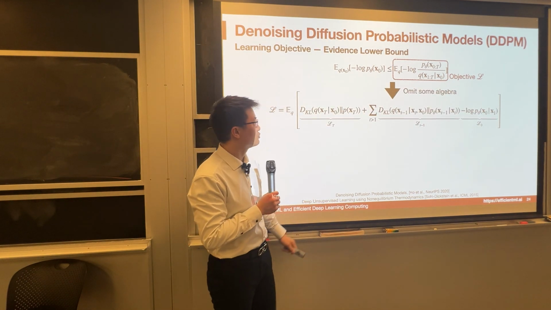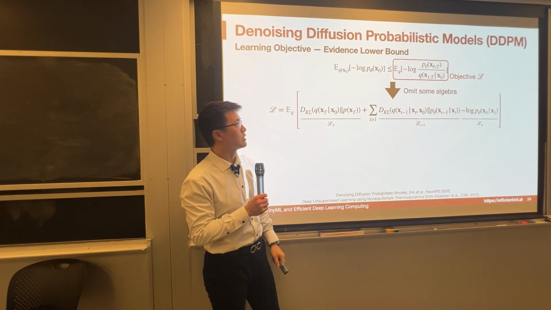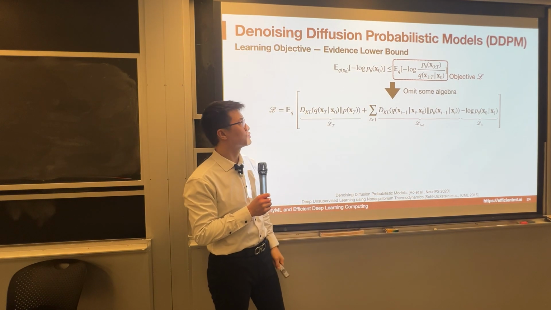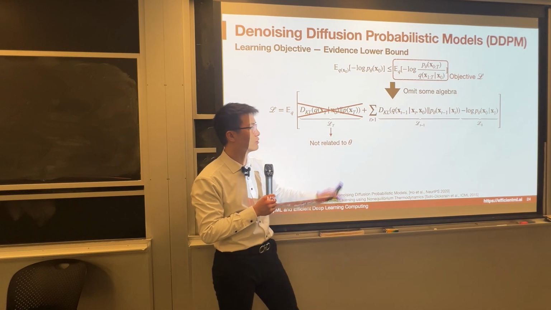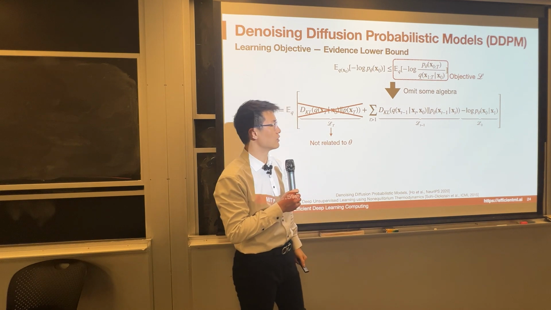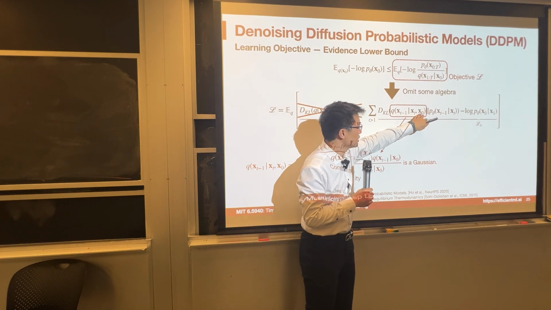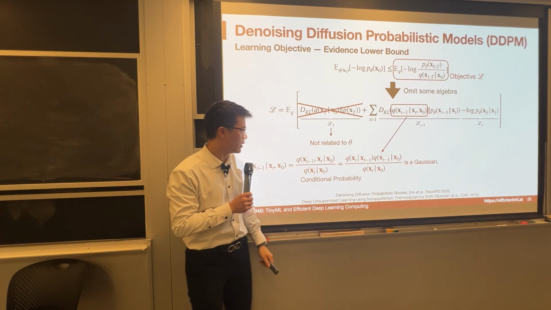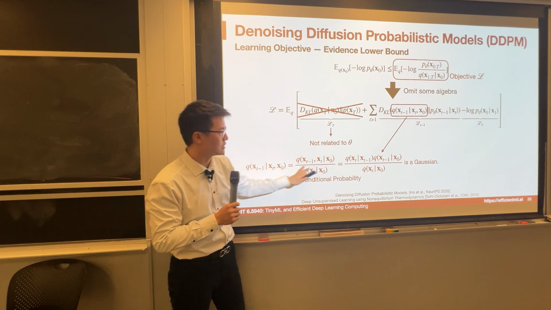Omitting some linear algebra, we can simplify that into 3 terms. Since this equation is parameterized by theta, the first term is not related to theta, so we only focus on the second and third terms. For the relationship between x0 and x t minus 1, we can use conditional probability to simplify it in this way.